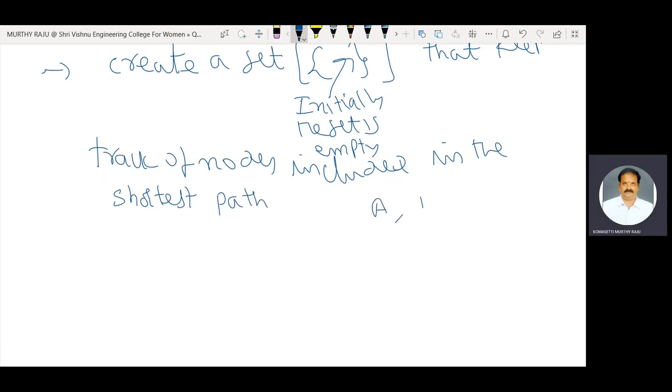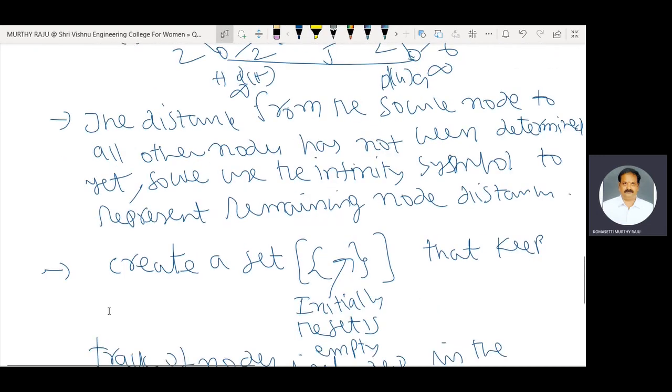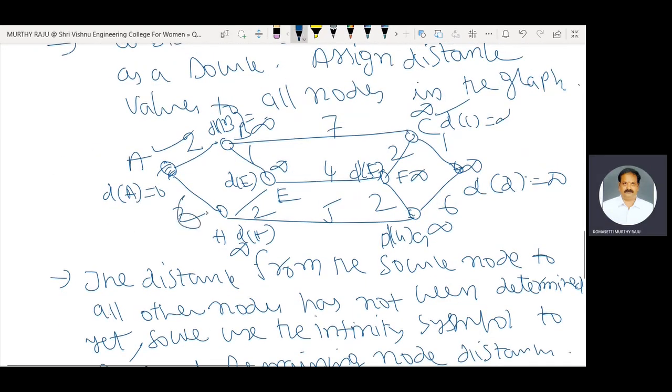Suppose A node is included, B node is included. Suppose this one is 6 and here the distance is 2. That indicates the distance from the A node is 2. Here the B node is situated, the distance from the A node is 2, and its previous node is A node. Here, the H node's distance to A node is 6, and the previous node is A node.